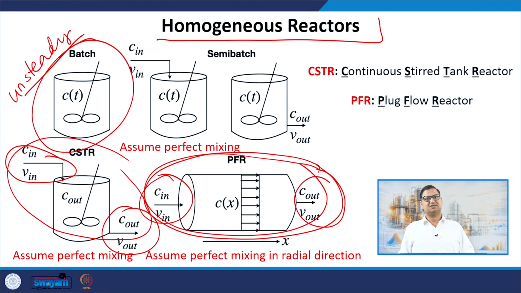That means the concentration inside the vessel, inside the tank, is the same as the concentration that is exiting from the vessel, right. So, C out is the concentration going out, and the same concentration do exist inside the tank, right. And now the CSTR can very well operate on steady state condition. When it is in steady state, then the concentration remains constant inside the reactor and going out.